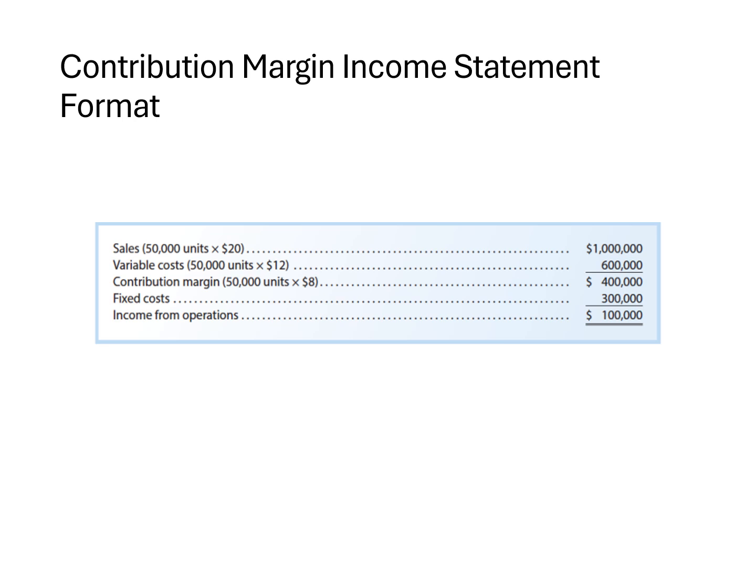So contribution margin is 400,000. We need enough to cover our fixed costs, which luckily we have because our fixed costs are 300,000. And so income from operations is $100,000. That is contribution margin minus fixed costs gives us our income from operations, or our profit from operations.